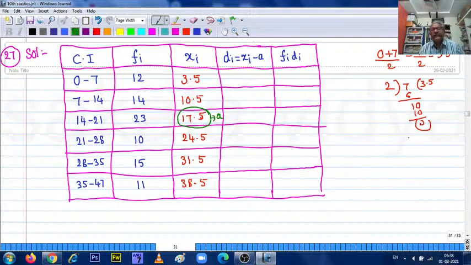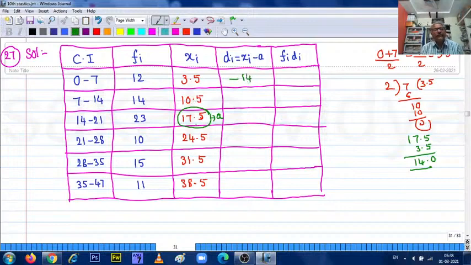Now what we need to do is xi minus a. 3.5 is the xi, 17.5 is a, so 3.5 minus 17.5 obviously gives minus 14.